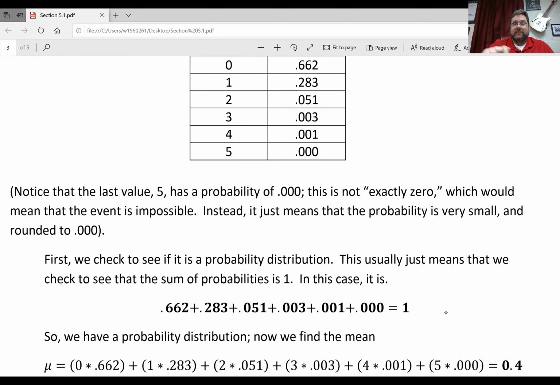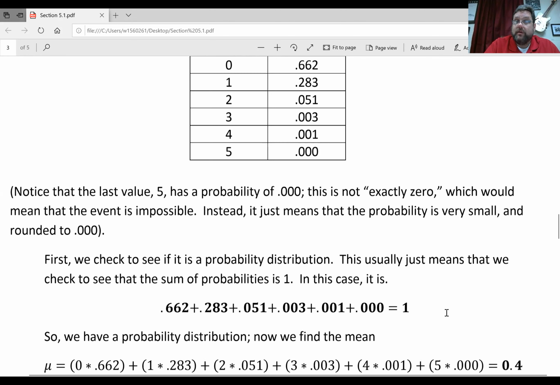All right, so now this is perfect. I want to find the mean. So remember, to find the mean, up here at the top, I'm going to take the value of the random variable times its probability. So 0 times 0.662, and if you look down at the bottom, that's the first pair. 1 times 0.283. There you go, down at the bottom. 2 times 0.051.